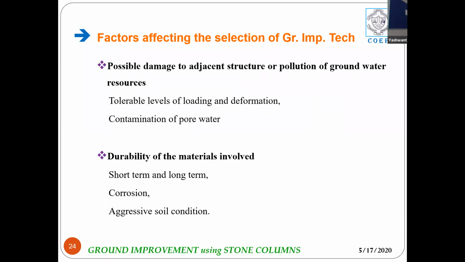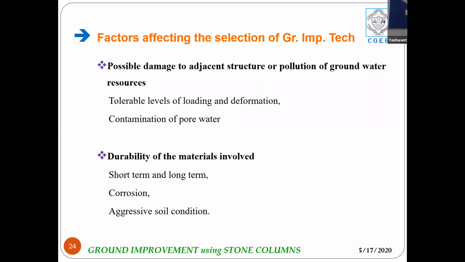Then the damage to the adjacent structure and the pollution, we'll be required to monitor them. Regarding the pollution, contamination, etc., and the adjacent structures, damage to an adjacent structure will not be an instant one. It will show you some signs, and you should be able to pick up those signs given by the adjacent structures regarding the transfer of any energy to the adjacent foundation.